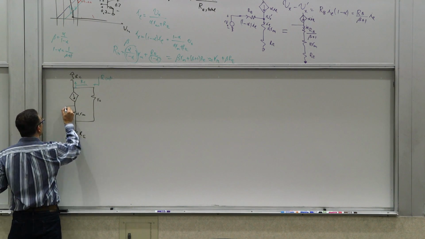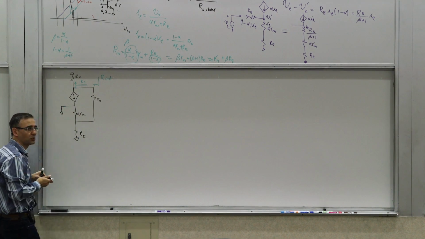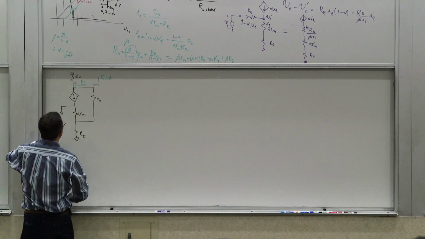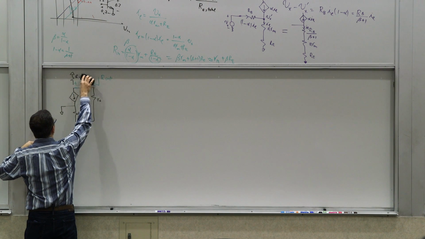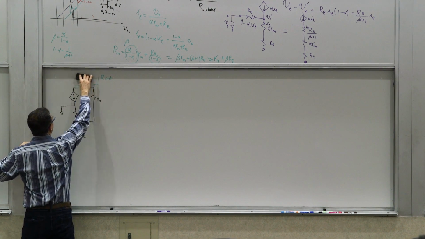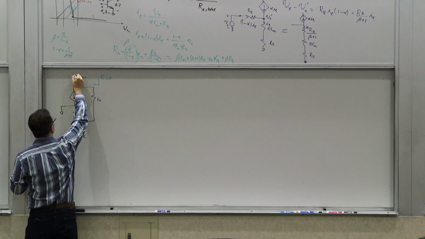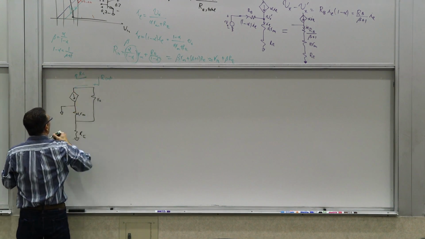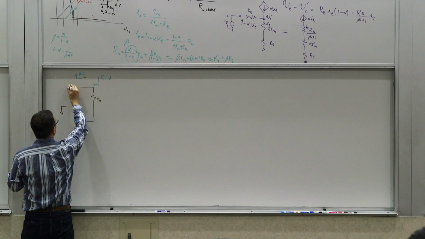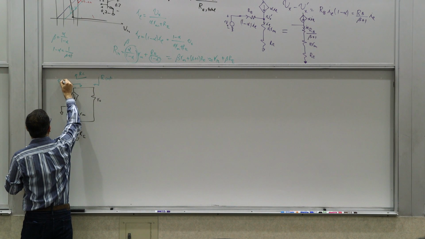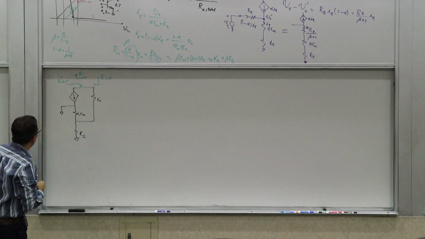We null the independent sources, which basically means that we ground this node for that calculation. Since we know we are going to get there, let's forget about the RC, and we know whatever we get is going to be in parallel with RC. So there's an RC looking up. We'll deal with that later. We are trying to find out what this intrinsic R out of the stage, R out prime, is.